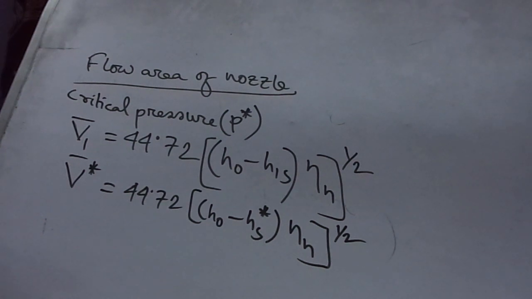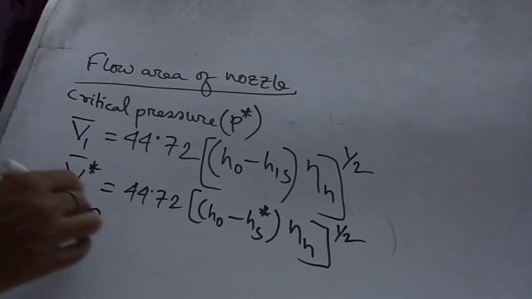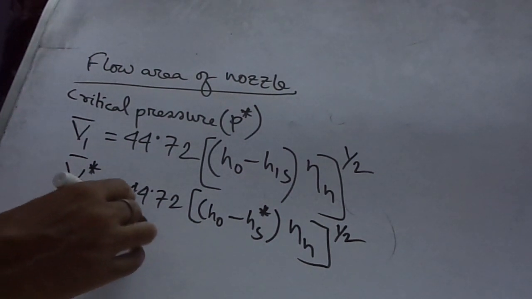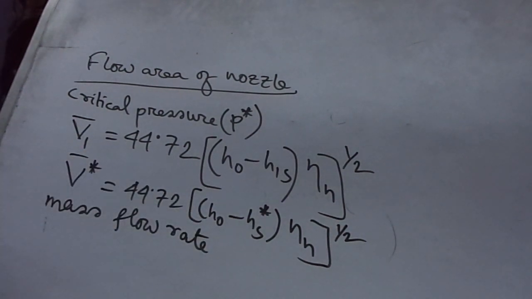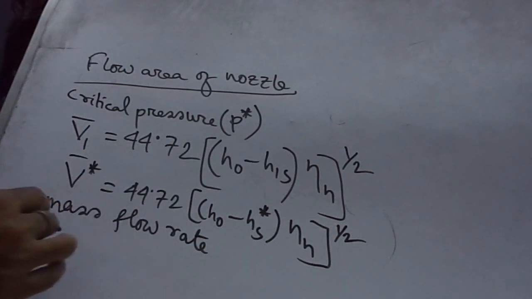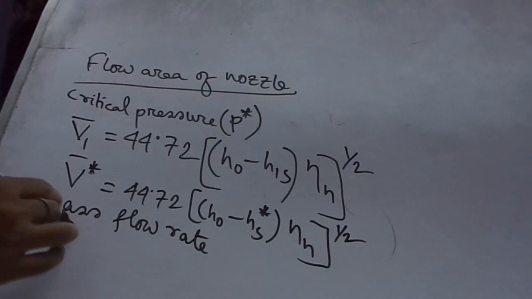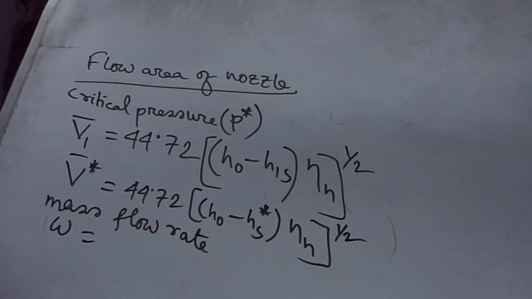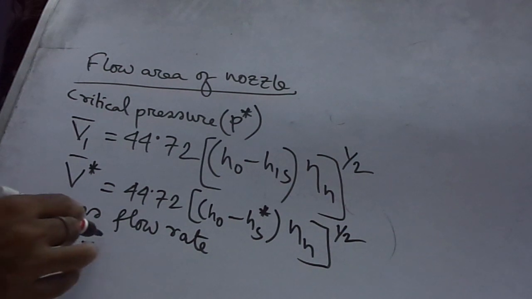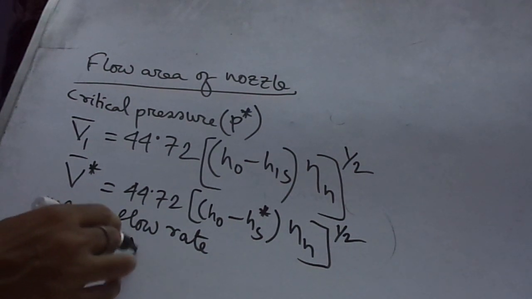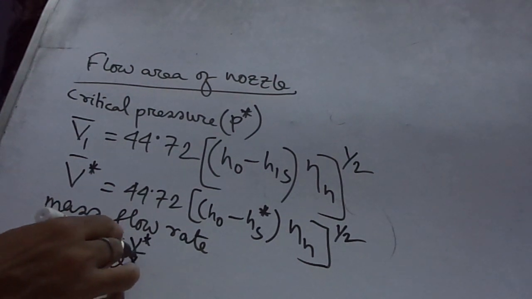Knowing the mass flow rate of the steam, omega, mass flow rate omega is equal to A star V star divided by small v star.